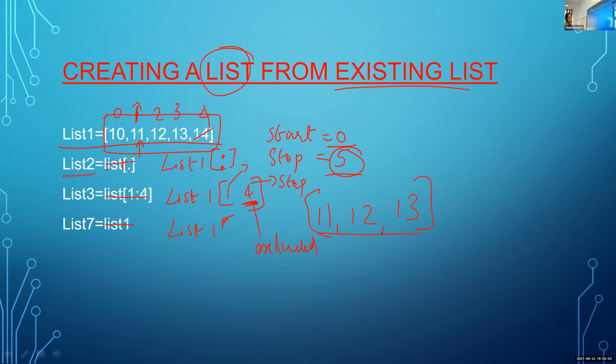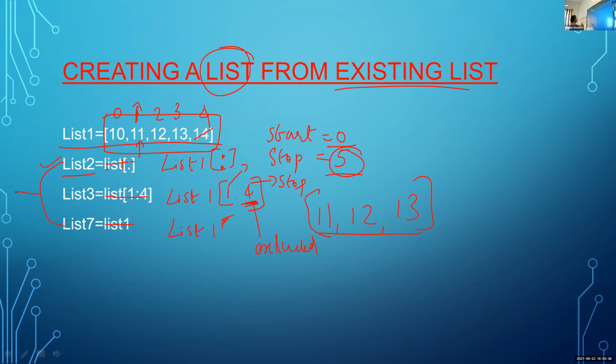So list 3 is equal to list 1 of 1:4 means we are starting from 1 and the last value is 3, not 4. Because 4 is the stop value, we are excluding it. That is slicing. The next one is list 7 is equal to list 1. What is the meaning? We are just assigning a new name to the same list.